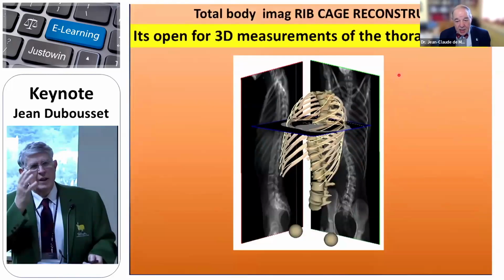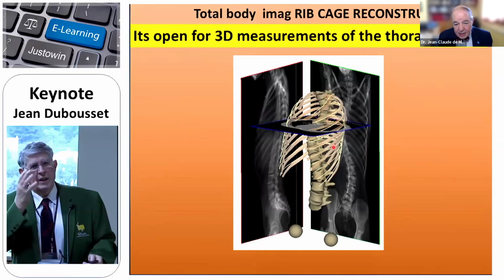So you see this evolution, rotatory dislocation. What is also interesting with EOS is the rib cage. You know that under T10, we work only on the vertebral body and the intervertebral disc, but between T2 and T10, especially with physiotherapy and bracing, we work on the rib cage.